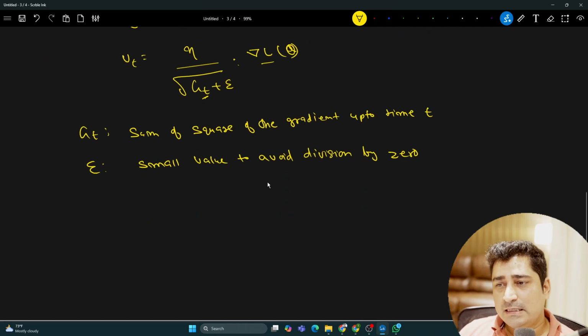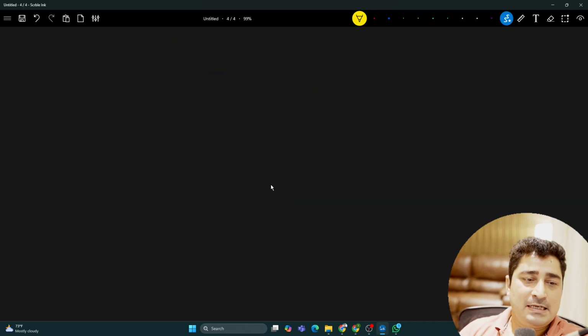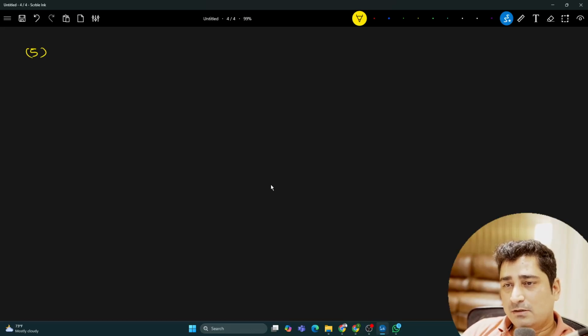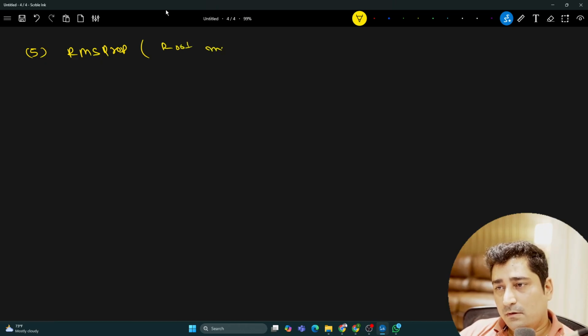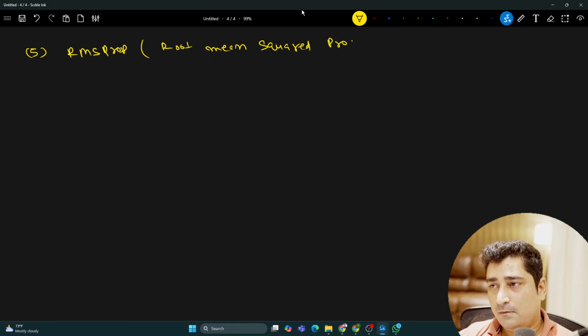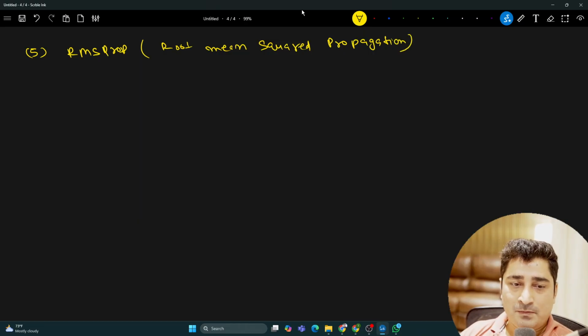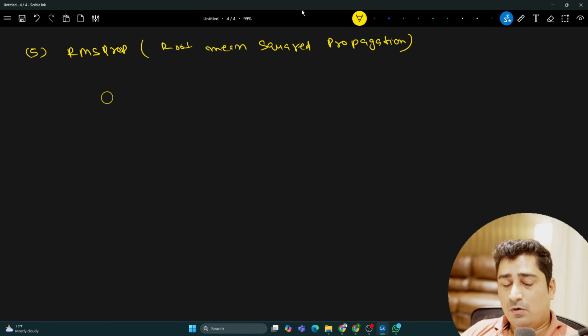Now there is another optimizer which scientists have introduced, and that is called RMSprop, root mean squared propagation. Again, the objective was the same. New value is equal to old value minus some Vt, right?